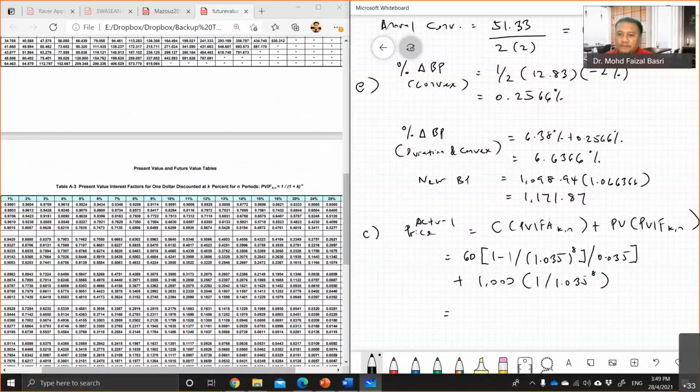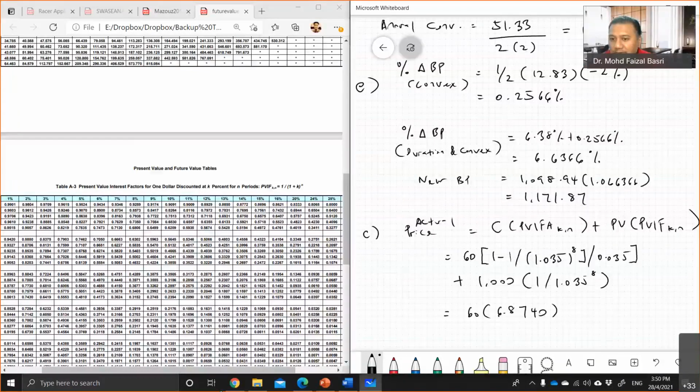If we solve the equation, the first bracket here, your answer will be 60 times 6.8740. How do I get this?